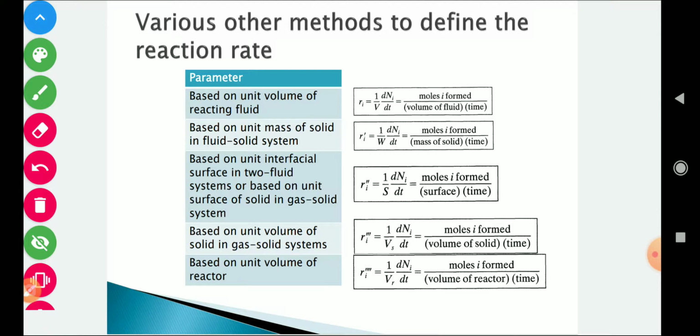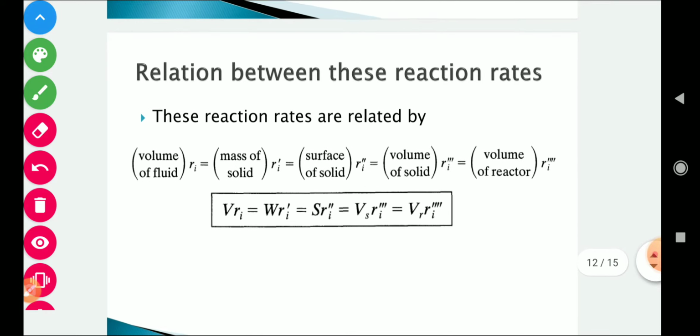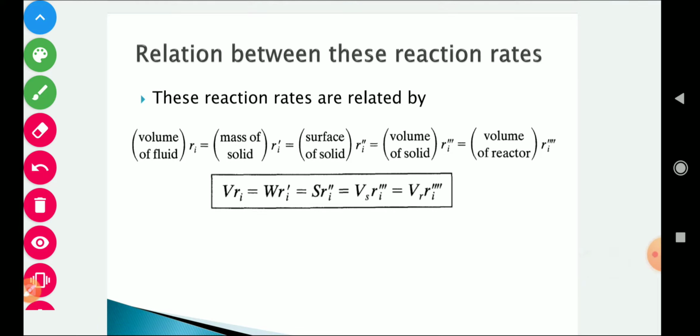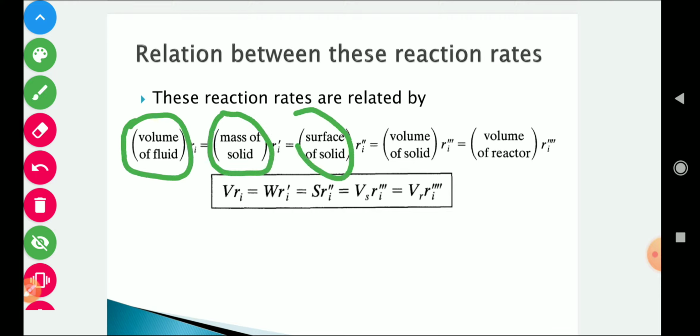So if we multiply the first equation by the volume of fluid, the second equation by the mass of solid, the third equation by the surface area of the solid, and so on, then all these rate equations will be equal.